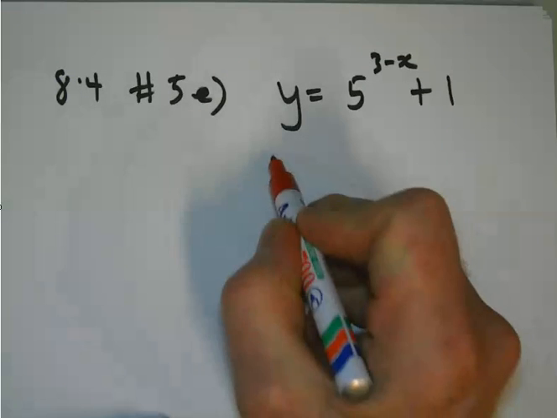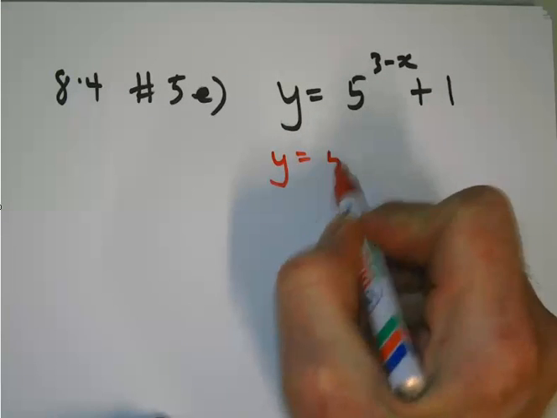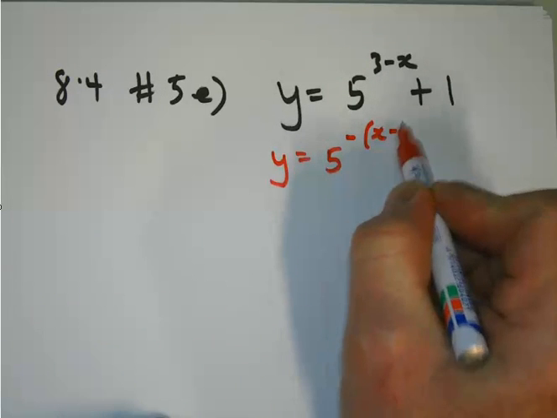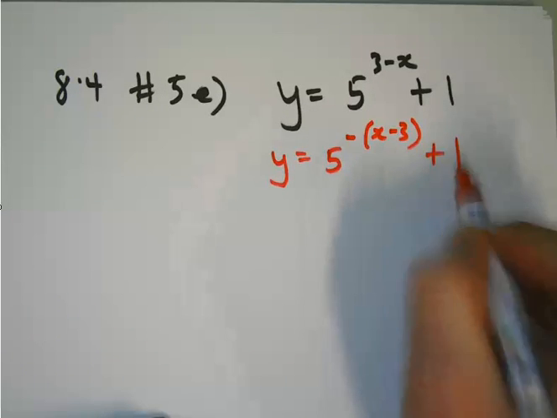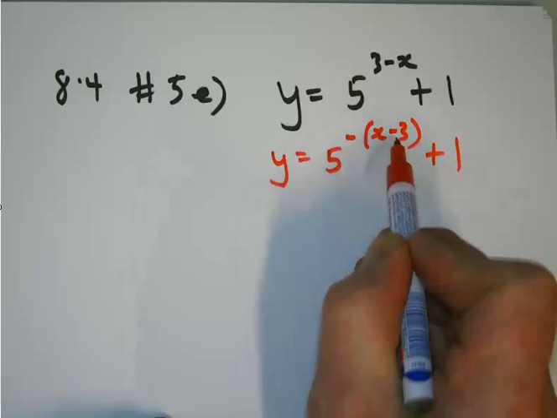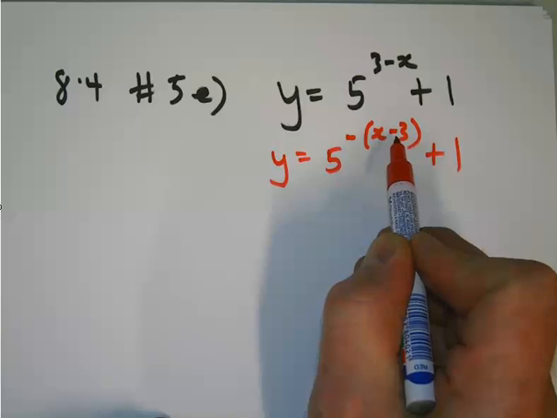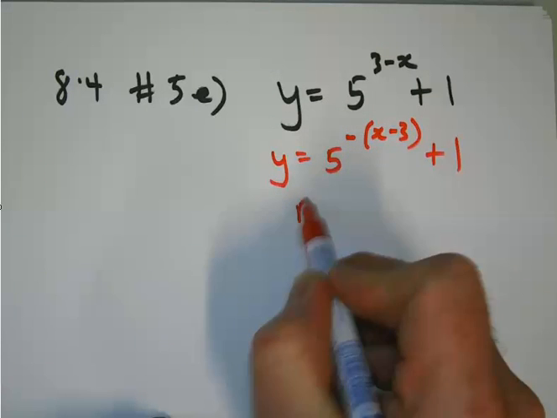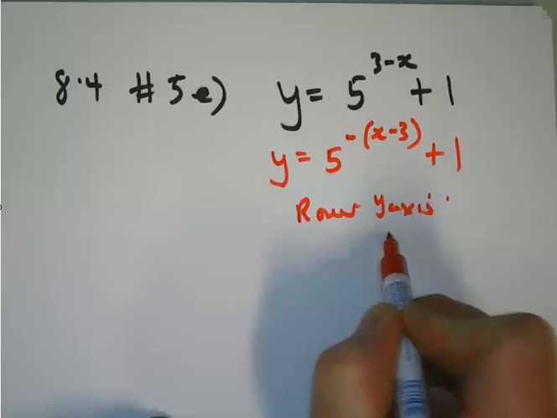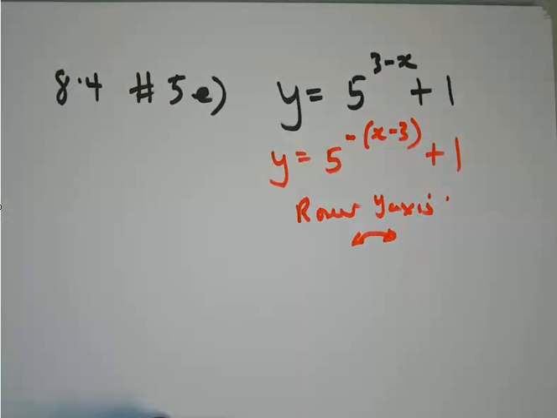And the last question in this set involves a couple of transformations. What I've actually got here is y equals 5 to the minus (x minus 3) plus 1. I'm going to separate the reflection from the translation. So what's actually happening here is I have a reflection over the y-axis. Therefore it's going to flip that way and that way over the y-axis.